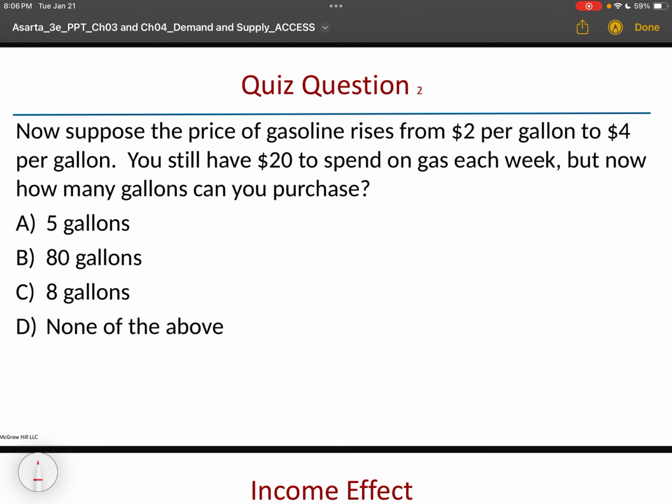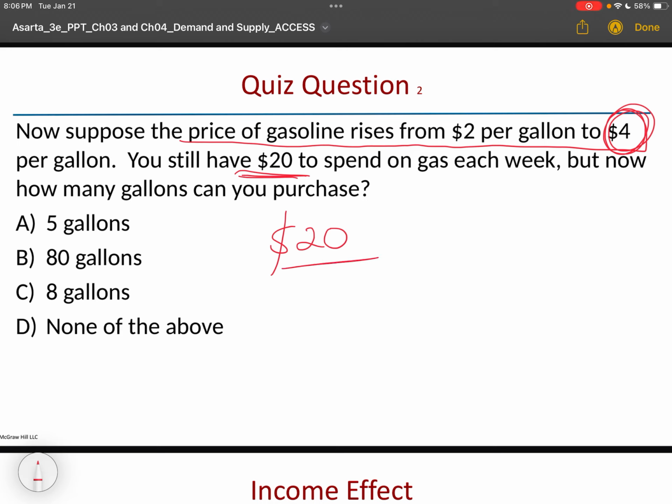Let's say that now the price of gas increases from 2 to 4. Oh no. But you still have your $20. How many gallons can you purchase now that price has doubled?